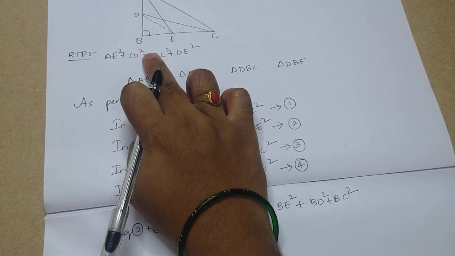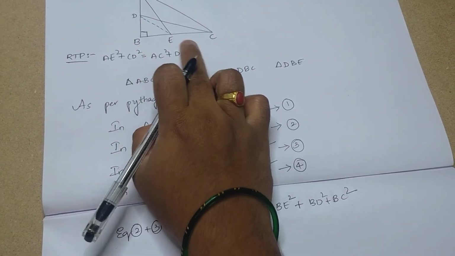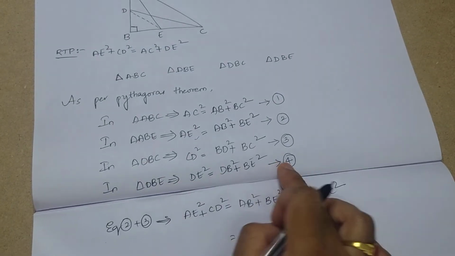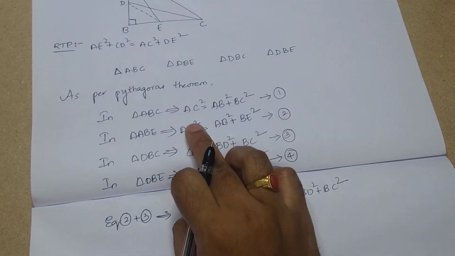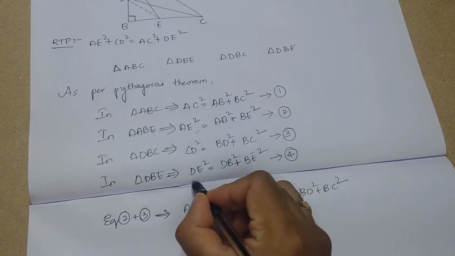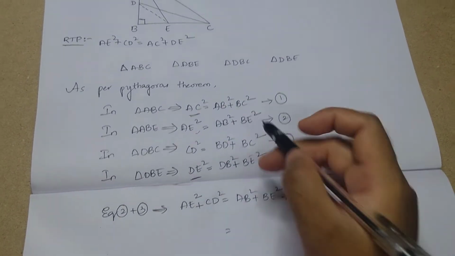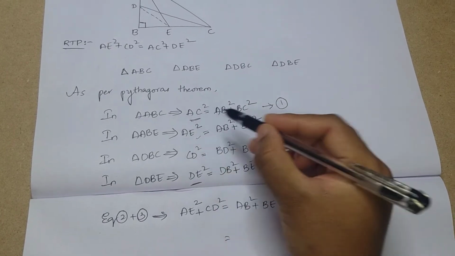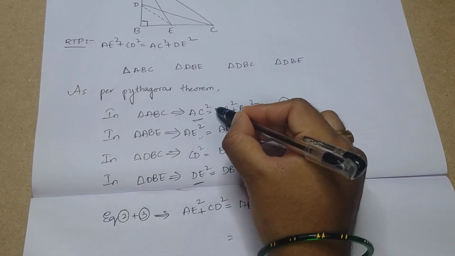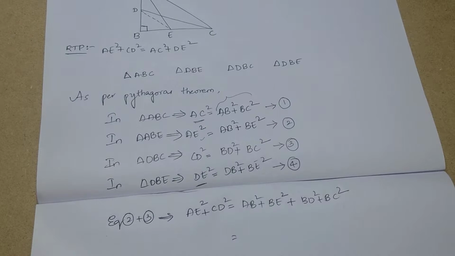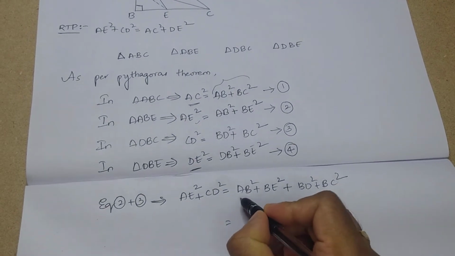We have to form AC and DE. Let's see in the equations where can we get AC and DE. See, here you can get DE and here you can get AC. Okay. So in order to obtain AC, what should be there? AB square plus BC square. So what will I do here?